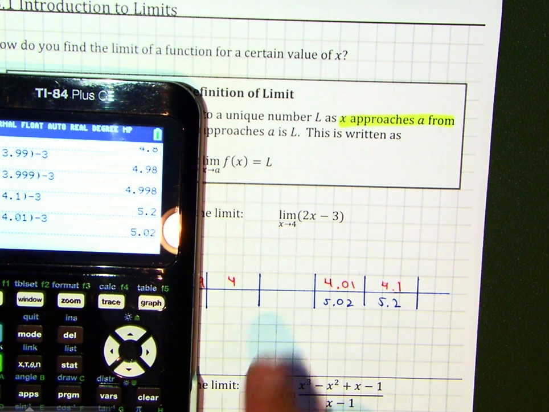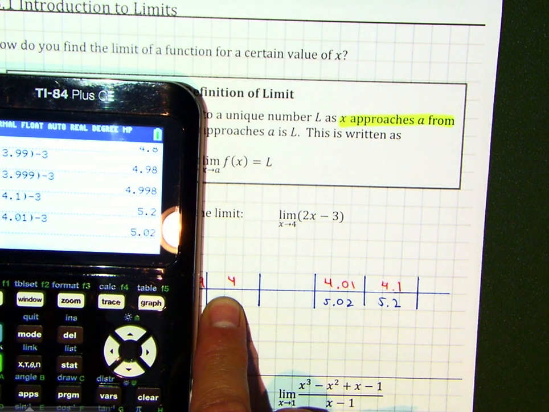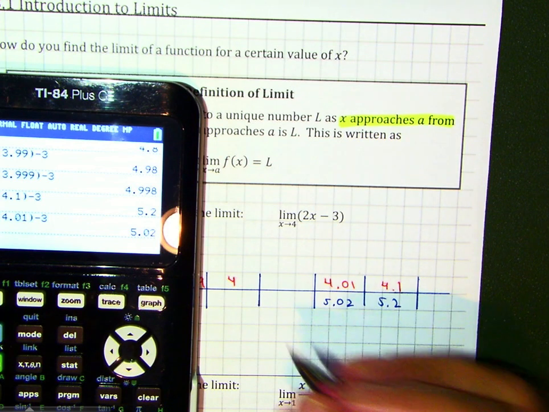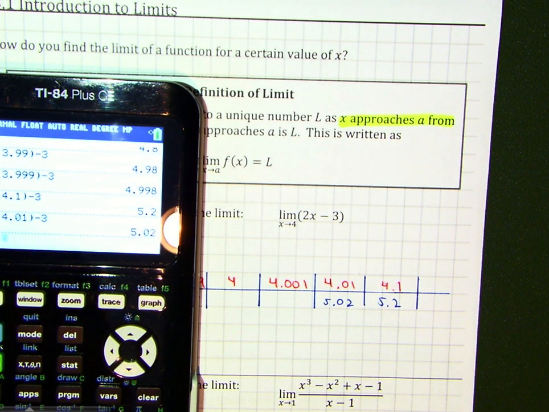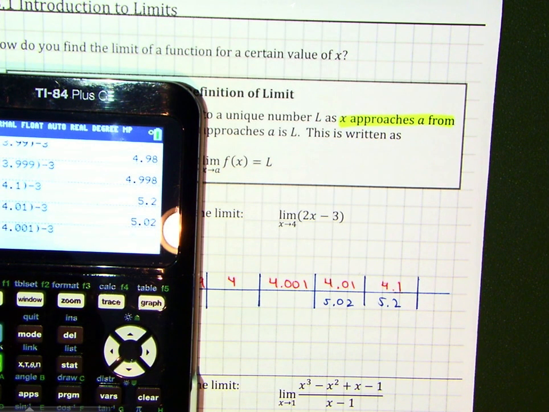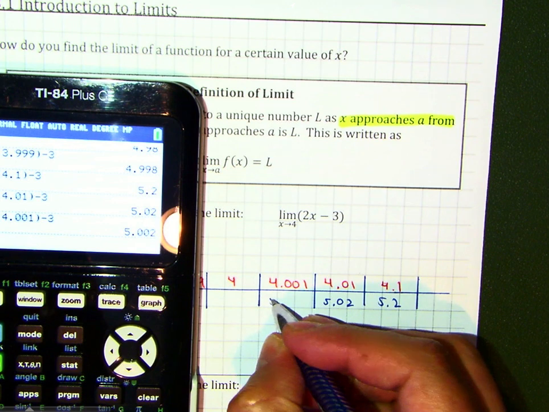And I'm going to get closer to 4. So this is not close enough, so I'm going to plug in 4.001, and that's as close as we're going to get. That gives me 5.002.